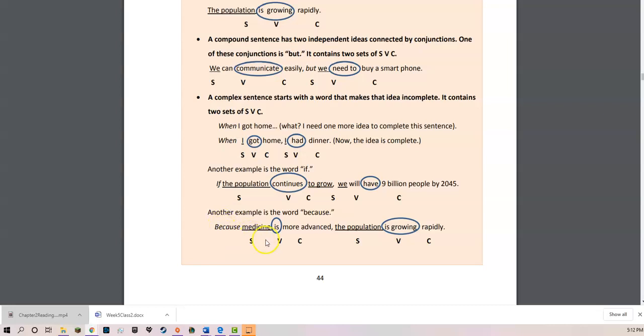So, because medicine is more advanced, the population is growing rapidly. Isn't that cool? So, the word because also initiates a complex sentence. So, because, subject, verb, complement, then I need a comma, another subject, another verb, and another complement.